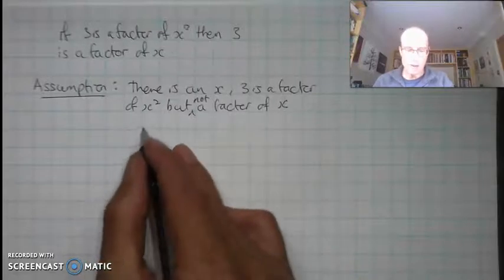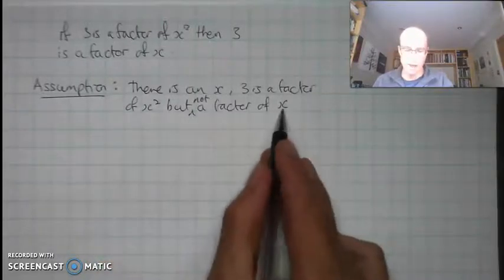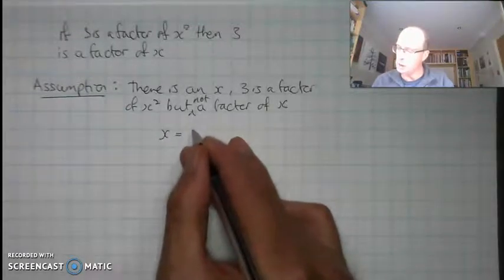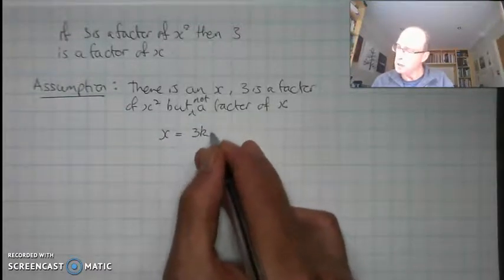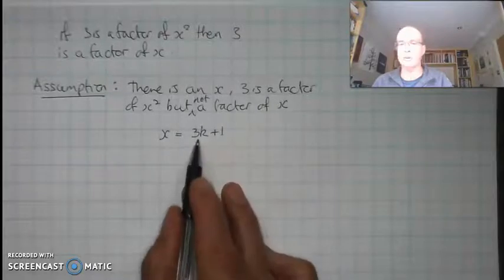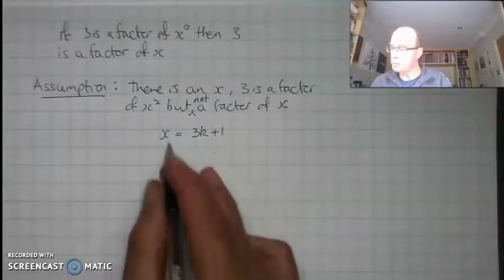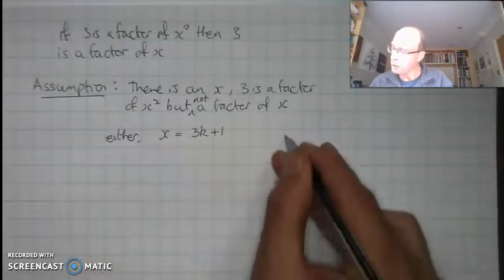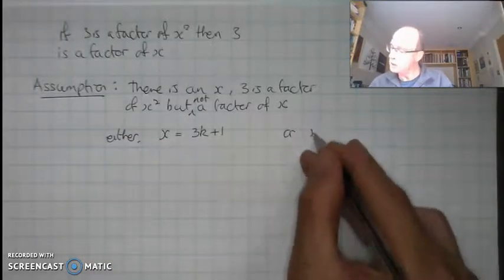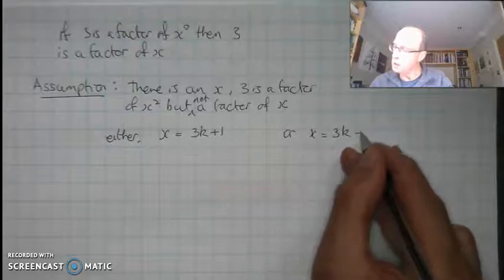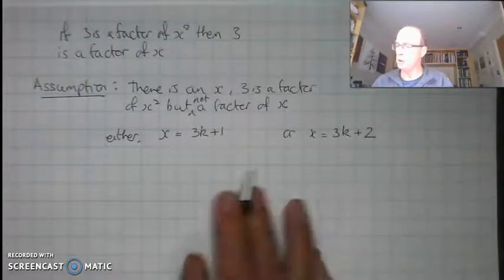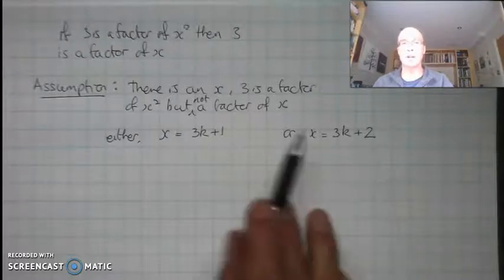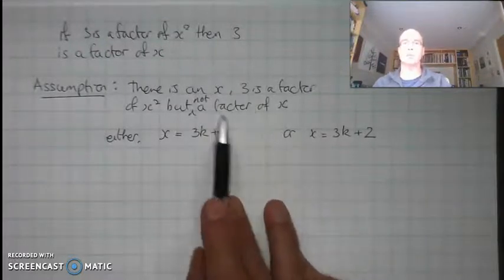Well, if 3 is not a factor of x, then it's got two options. So x is either going to equal 3k plus 1, a multiple of 3 adding on 1, or x is equal to 3k plus 2. With 3k plus 3, that would also be a multiple of 3, and that's going to break my assumption.